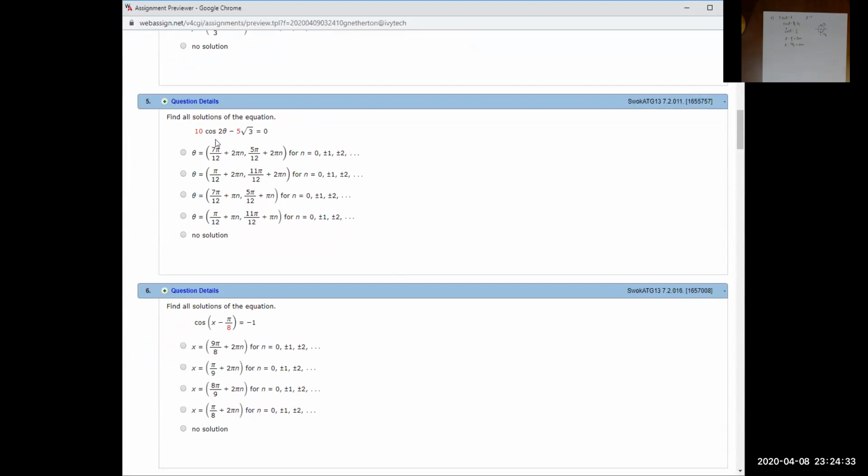So number 5. 10 cosine of 2 theta minus 5 square root of 3 equals 0. I want to make sure I copy it correctly. All right, so this is getting a little more complicated.